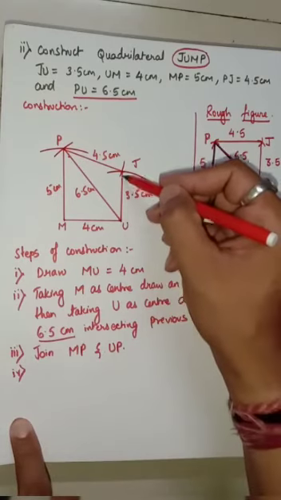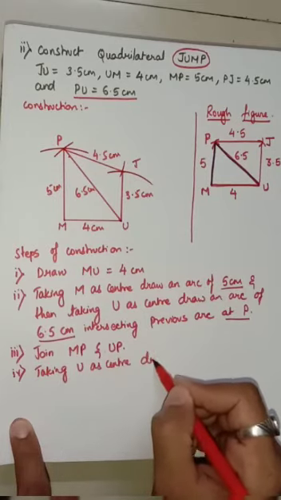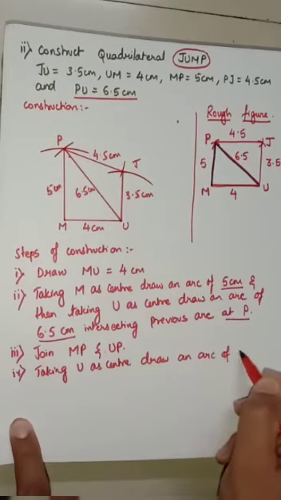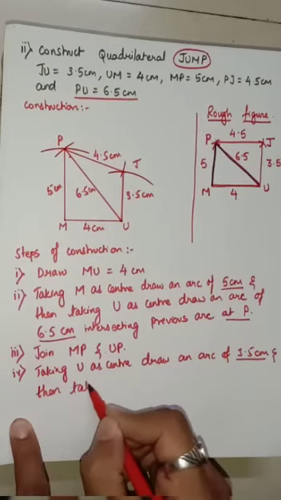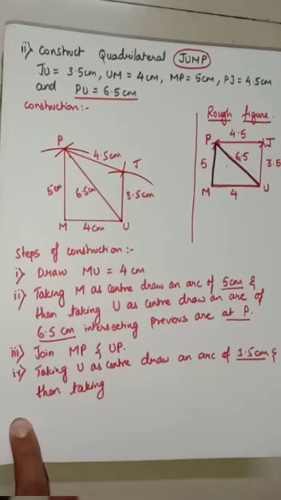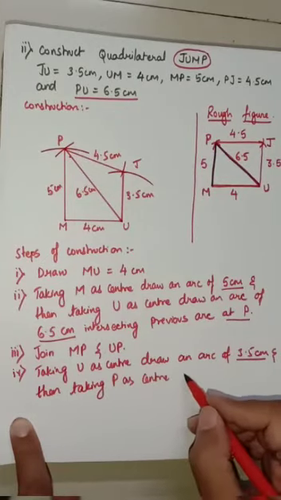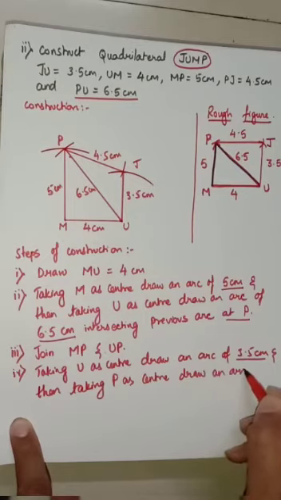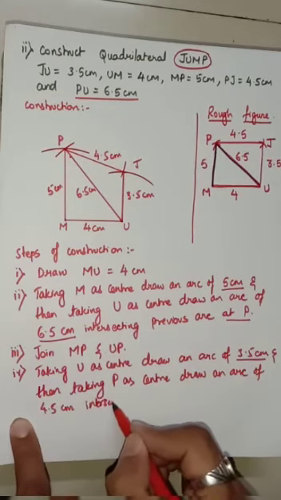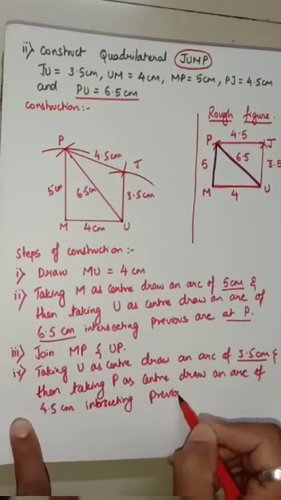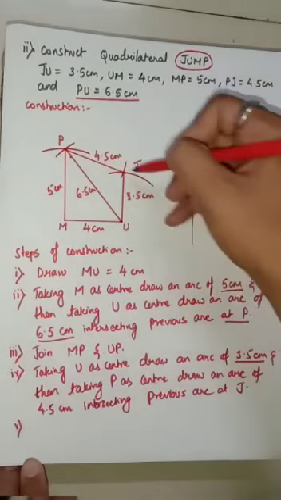What we did, we cut an arc of 3.5 centimeter from U. So taking U as center, draw an arc of 3.5 centimeter, and then taking P as center, draw an arc of 4.5 centimeter intersecting the previous arc at J. Then join UJ and PJ.